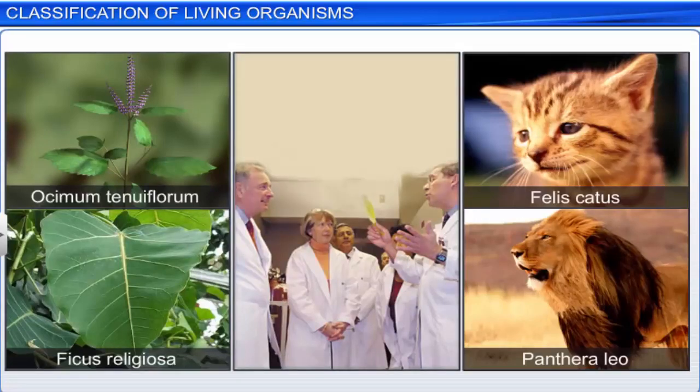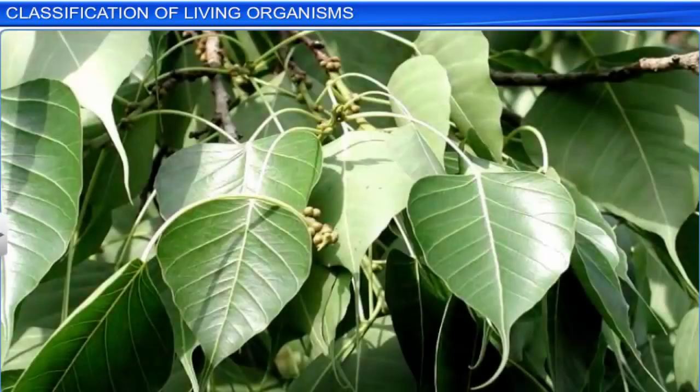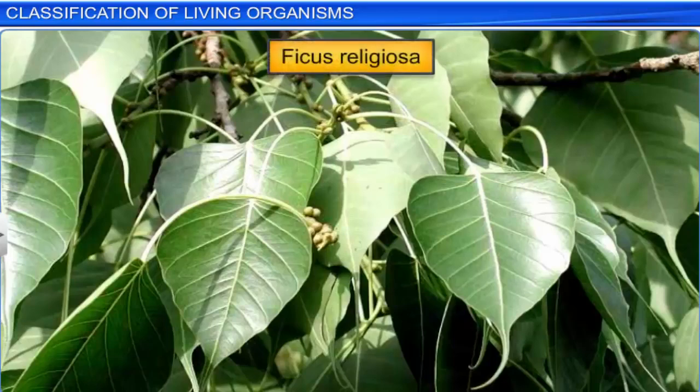However, certain universal rules are followed while providing a scientific name to a known organism. For example, the scientific name for the sacred fig, commonly known as the peepal tree in India, is Ficus religiosa.